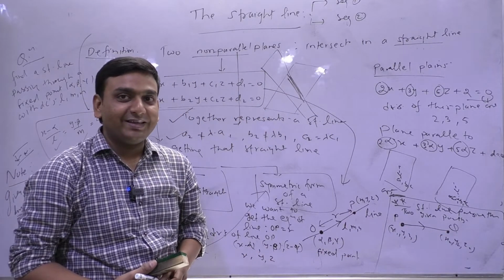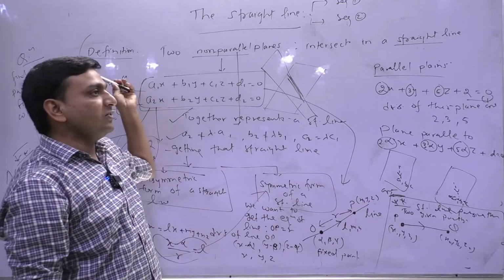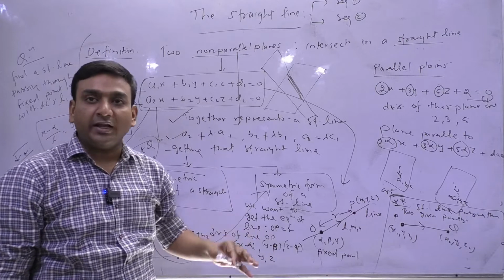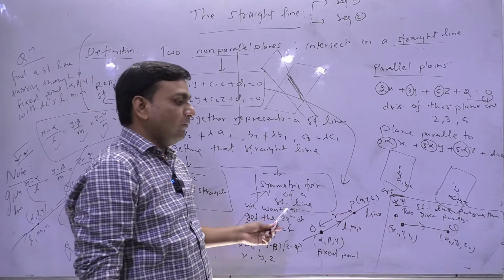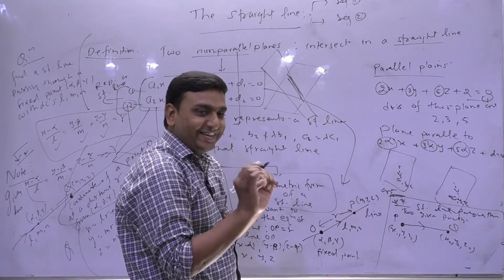How will you write it? In maximum cases we write the equation of a straight line in symmetric form, so I am only talking about symmetric form, please.